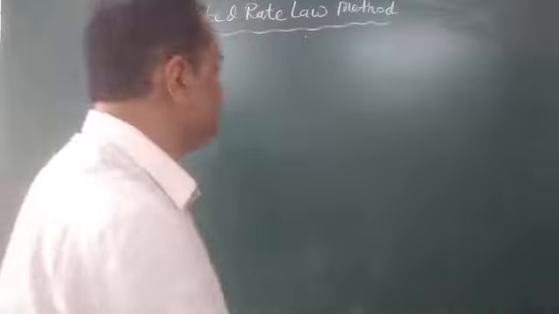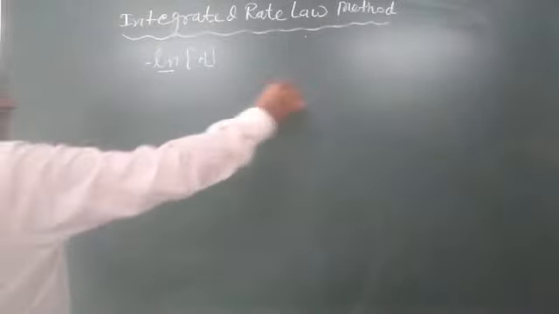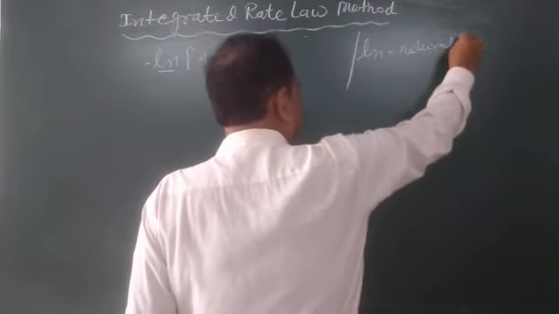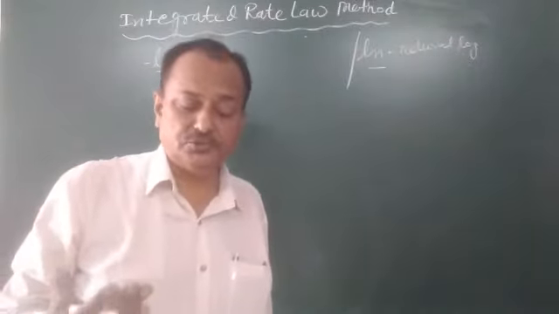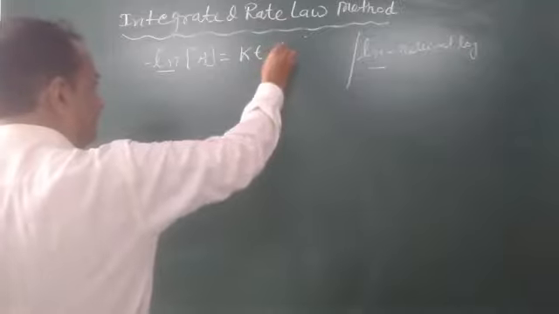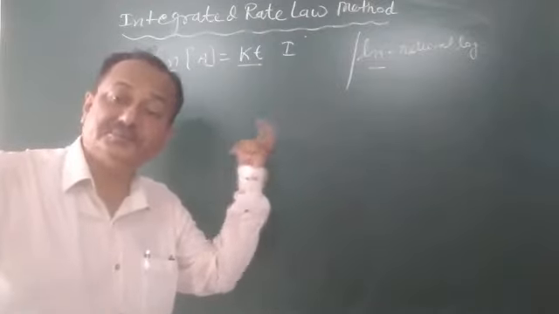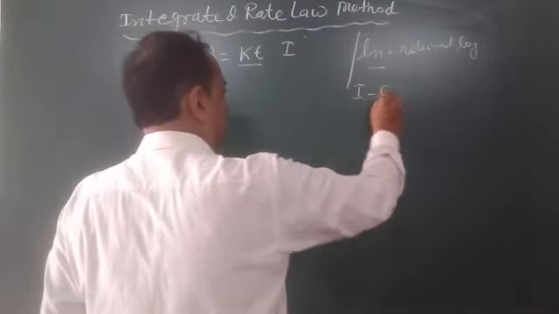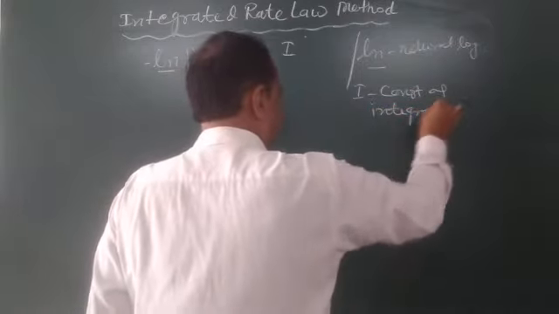On integrating, we will have minus ln A, where ln is the natural log with base e, is equal to kt plus I. Here I is the constant of integration.